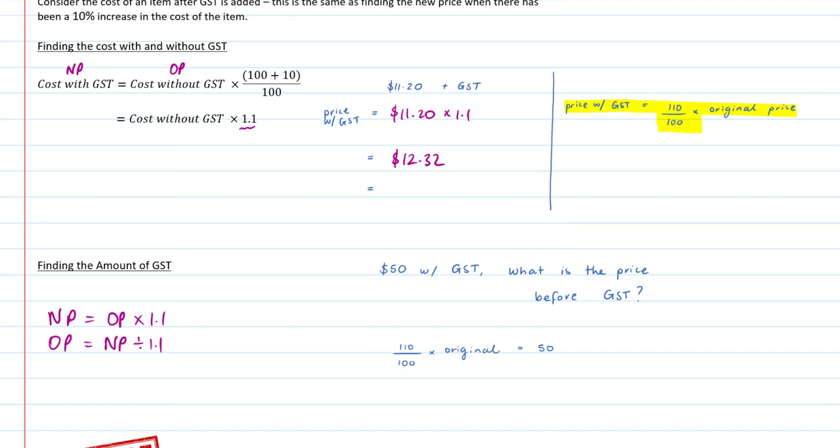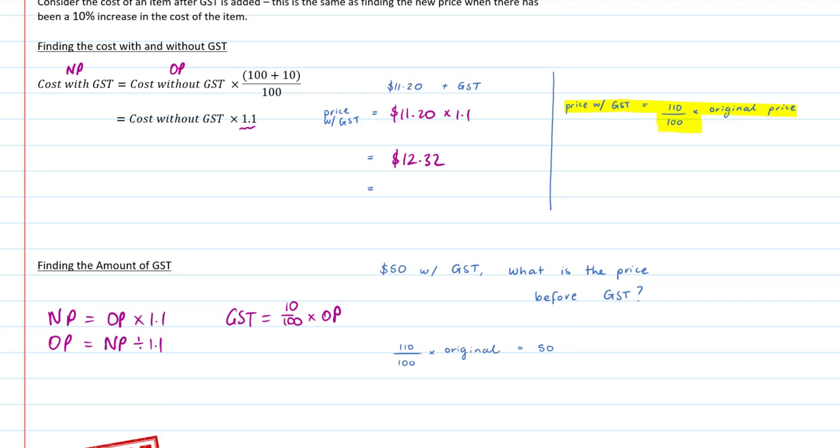And we can also work out what the difference is to calculate how much the GST is worth. The GST is worth, as you'll know, 10%, which is 10 over 100 times the original price. So you need to know the original price to work out the GST on that item.